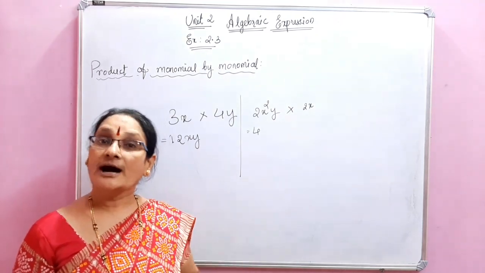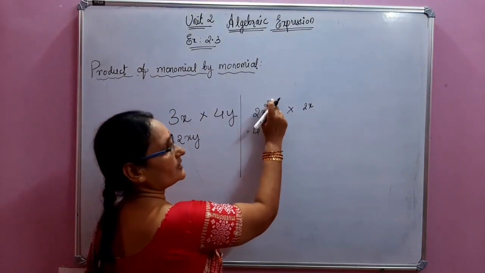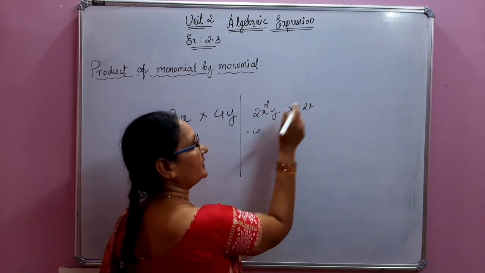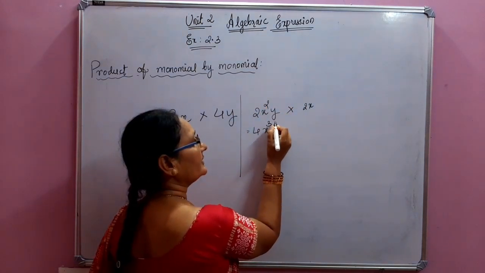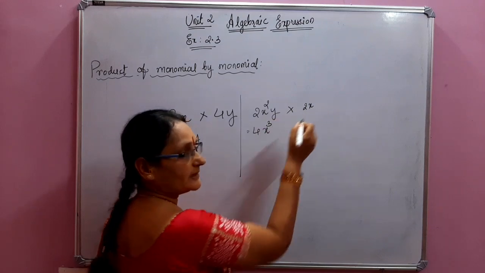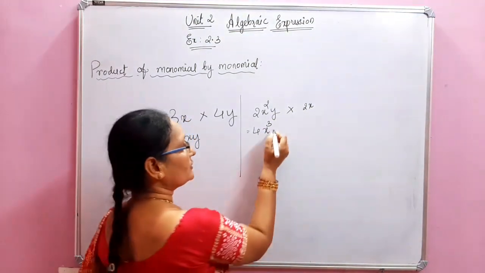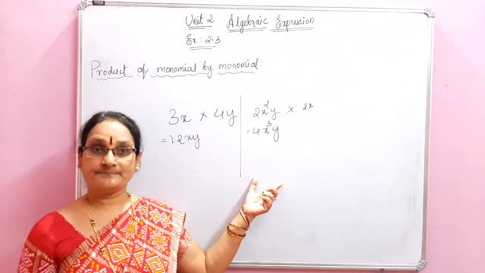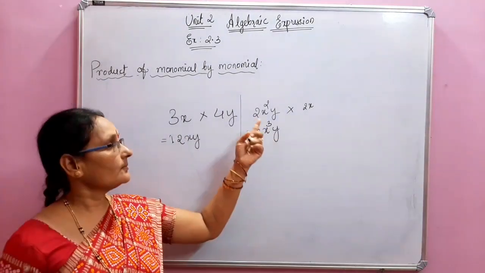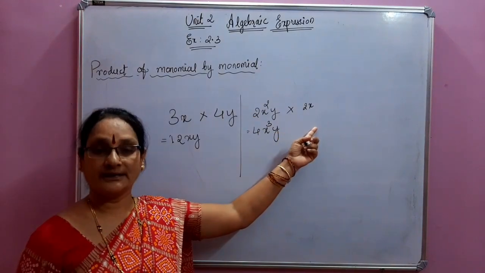That rule we have to apply here. x to the power 2, here x to the power 1, we have to add them. So x to the power 3. For y, nothing is there to multiply with, so we just keep it as it is. So this is what multiplication of monomial by monomial.